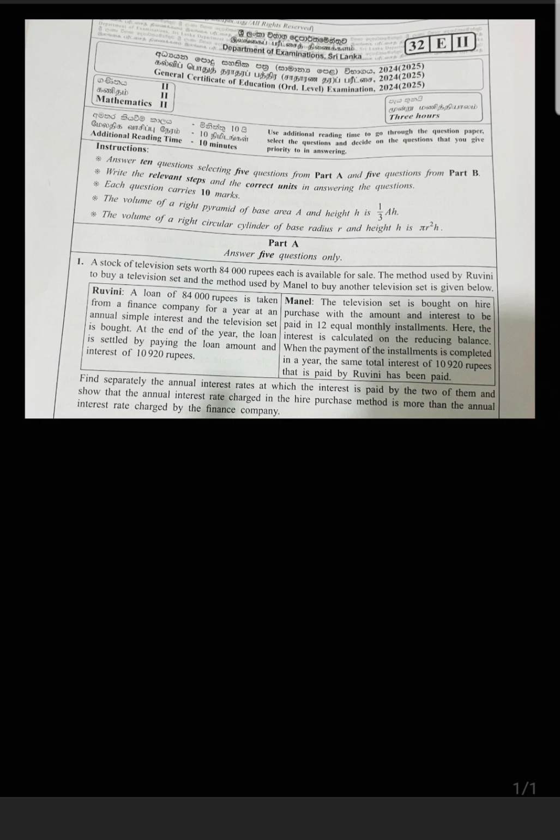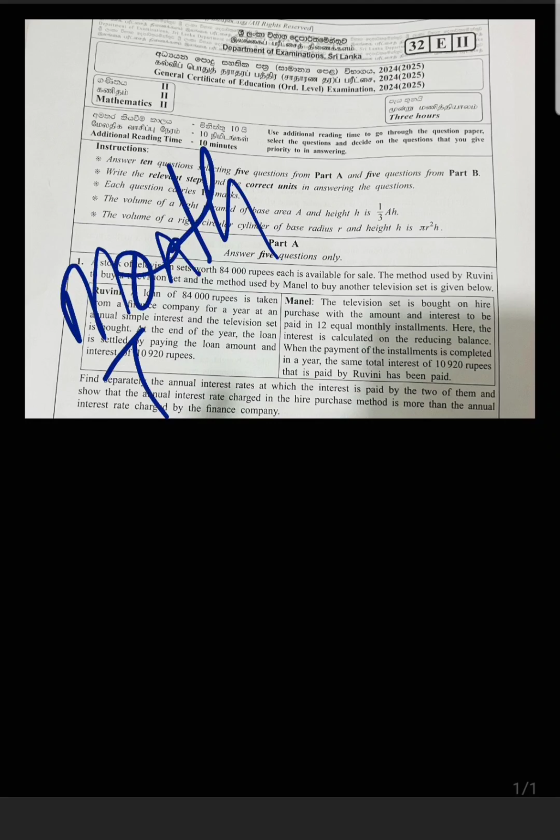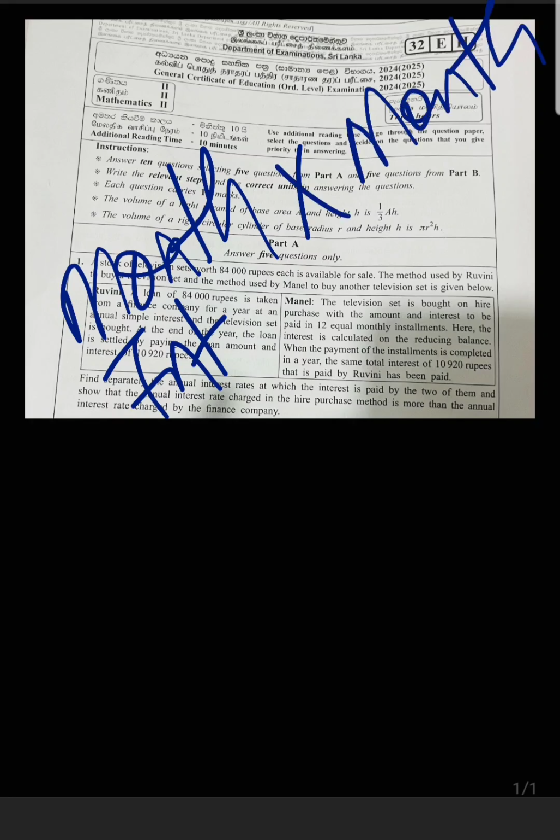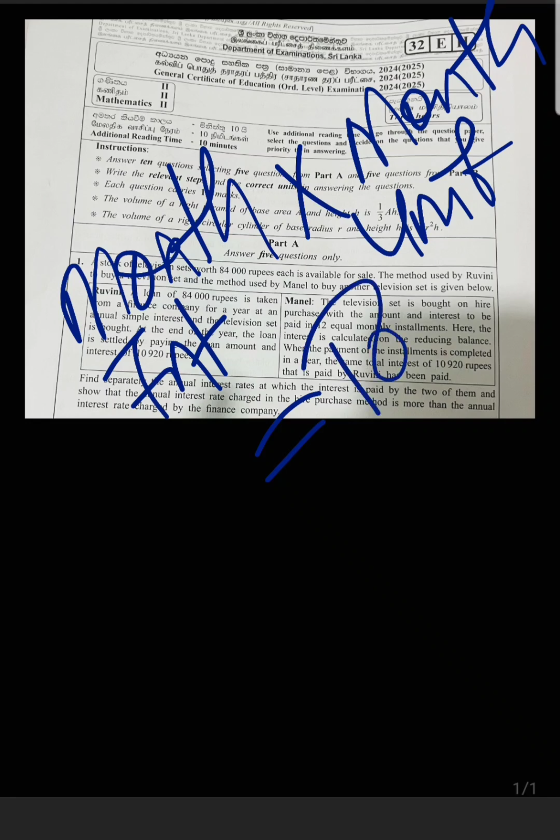Month interest into month units is equal to the total interest. This is the one example. It relates with the reducing balance method.